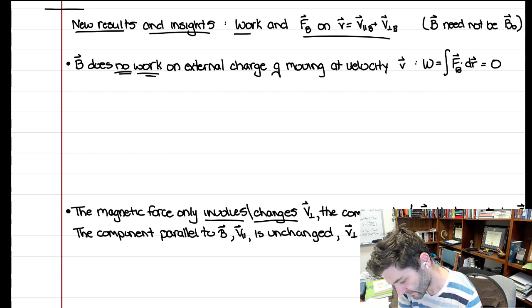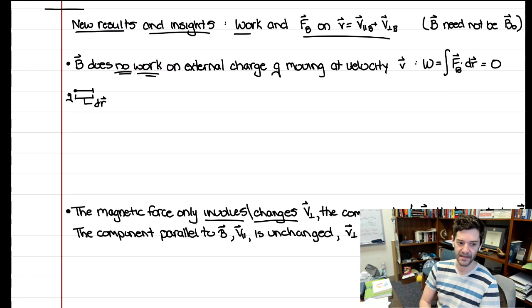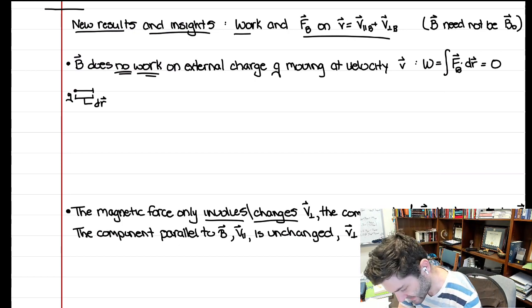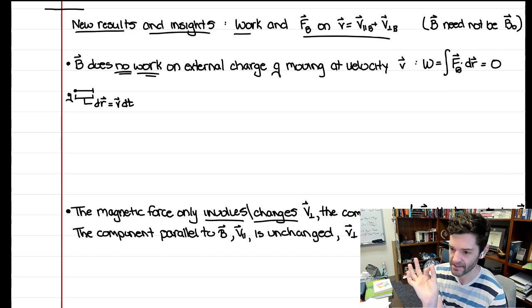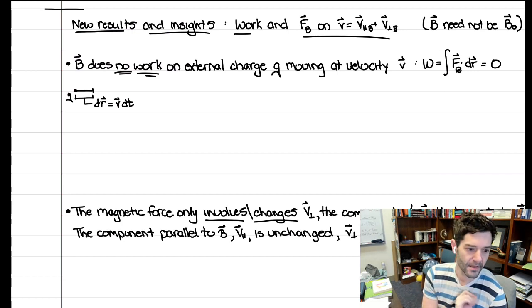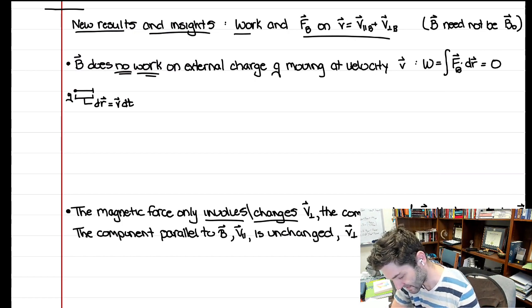So, I have some object Q, and it's going to go some small distance, some infinitesimal distance, dr. And what is dr? By the definition of velocity, that is the same thing as the velocity times dt. In some small amount of time, where I can approximate my velocity as a constant, that one tiny calculus step I take is velocity times dt.